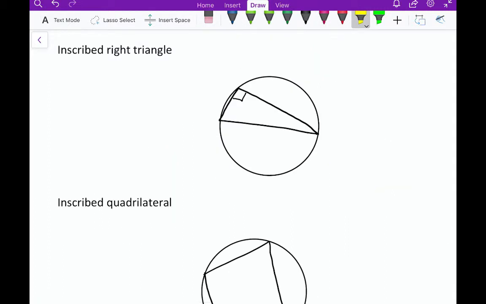An inscribed right triangle would look something like this. And what we know about inscribed right triangles is a couple things. If it is a right triangle and it's inscribed, which means that the vertices are on the circle, then we know that the hypotenuse is the diameter.